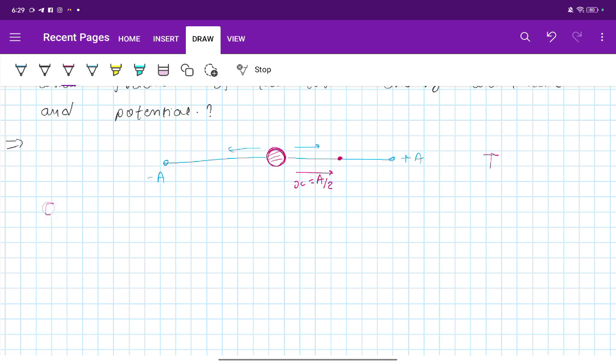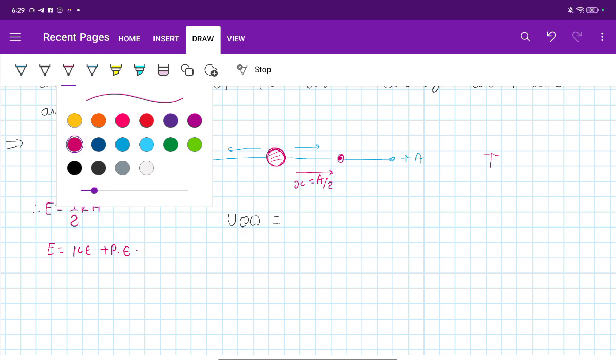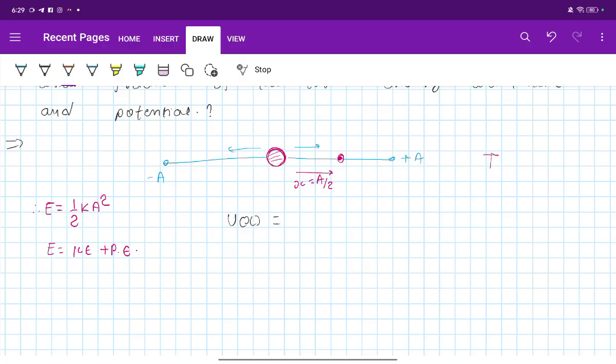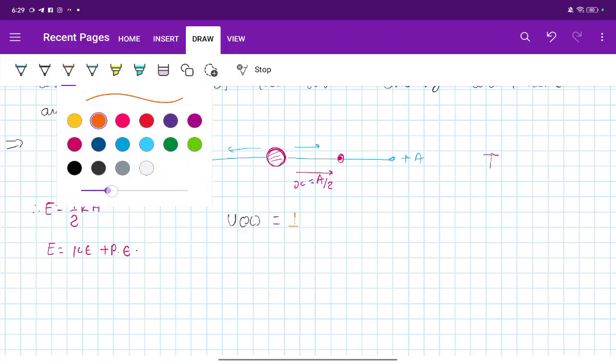You know that total energy is given by half k A square, that is kinetic energy plus potential energy. So we are required to find out kinetic and potential energy at this middle point. Now you are already familiar with the expression for potential energy. What was the formula for potential energy? It was half k x square, yes.